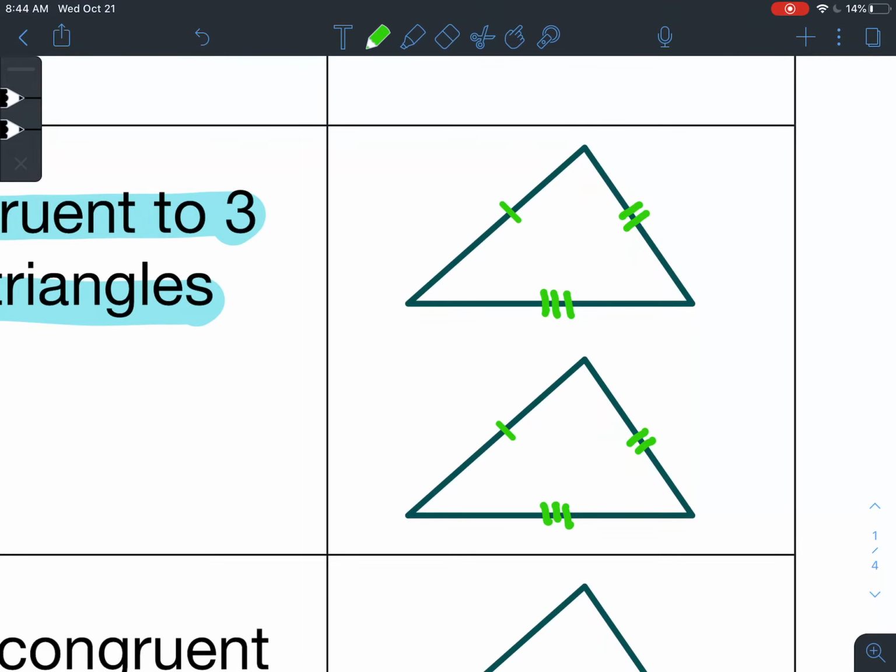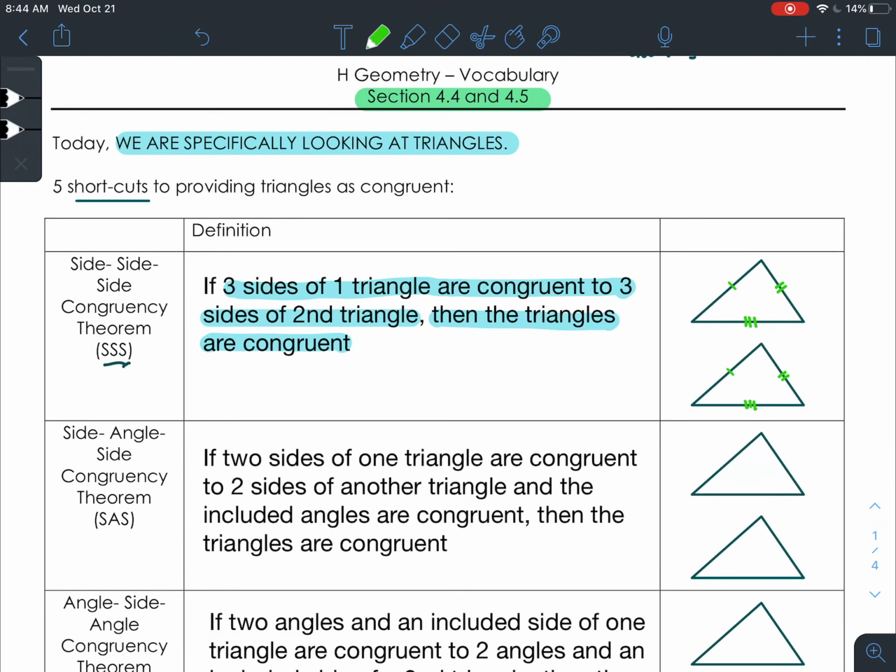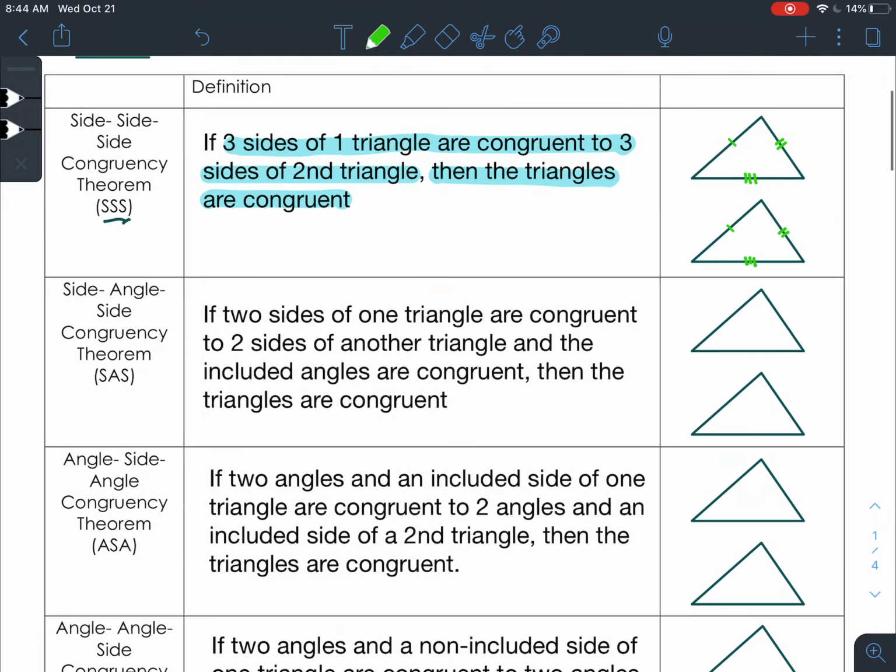So rather than having to prove all 3 sides and all 3 angles, all I would have to do is prove all 3 sides are congruent. Okay, so that's the first one, side.